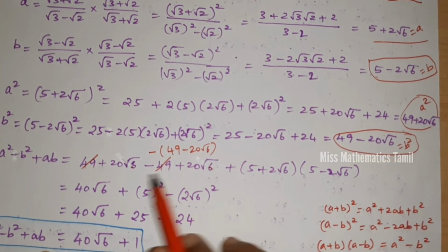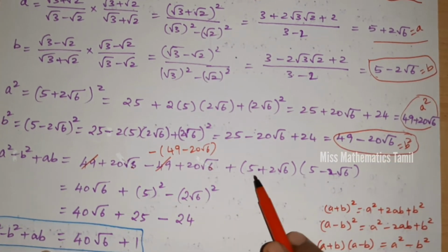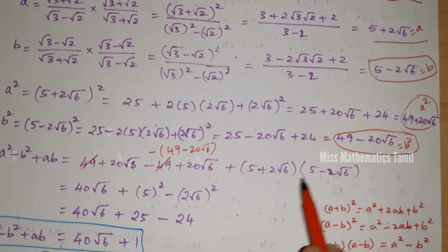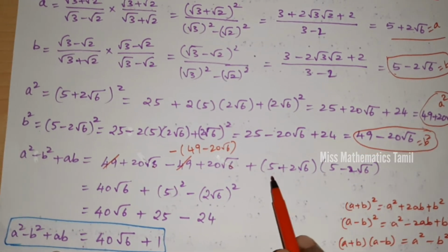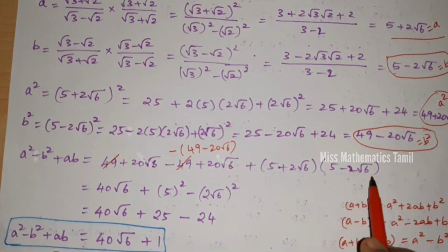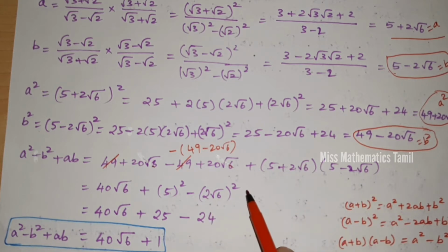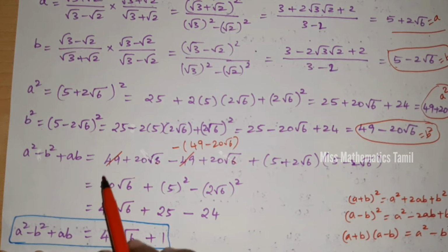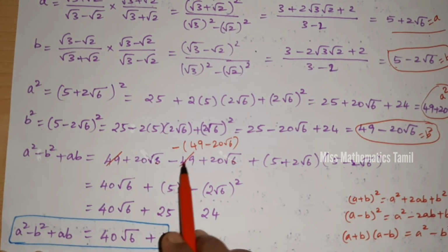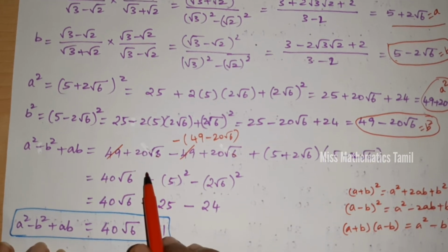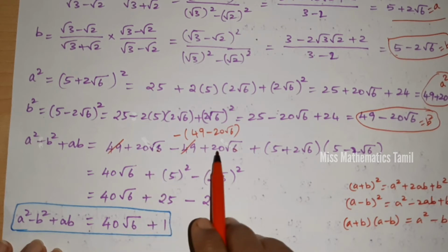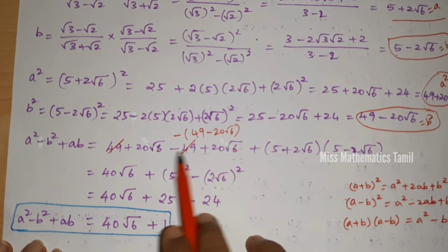Plus the last portion, a into b. So what is here? a plus b into a minus b, so the a square minus b square identity I am using here. Before that, here 49 minus 49 both cancelled. Here 20 root 6, and here also 20 root 6, both are positive.